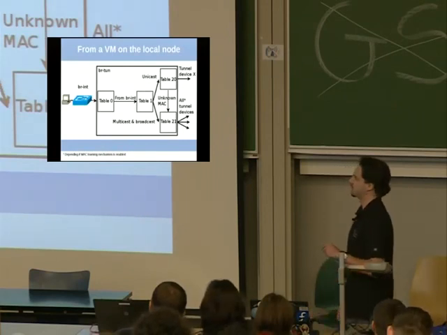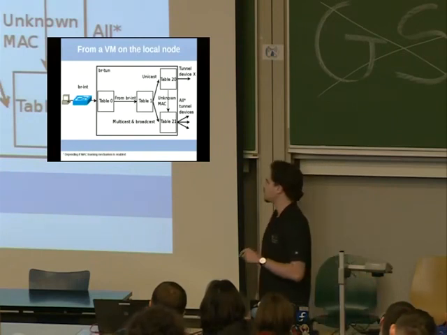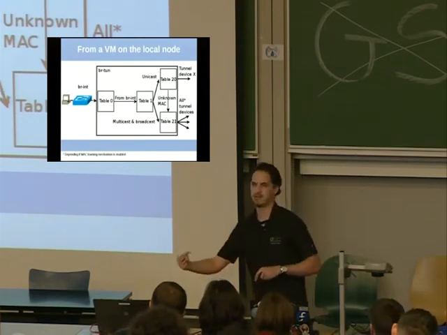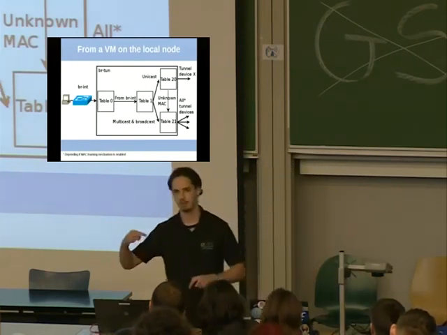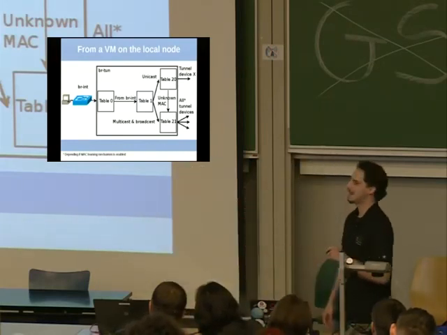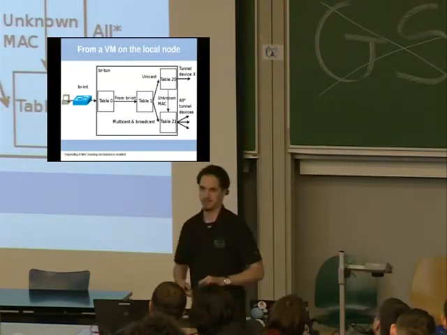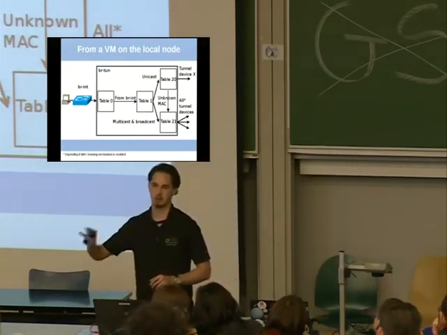It has a bunch of different tables. Table 0, as we said, is the first table. We basically say, oh, OK, this is traffic that's coming in from the integration bridge, so we'll just resubmit it to table 1. Table 1 classifies unicast traffic and non-unicast, which is basically multicast and broadcast.